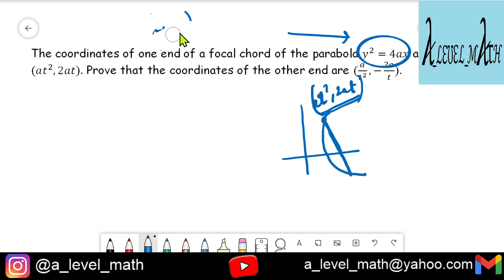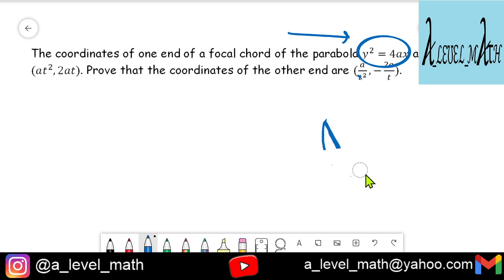So at^2 comma 2at saves us some trouble, in the sense that we know this point is always going to lie on the parabola, so we need not separately put these points in the equation and then use that equation further in our solution. So this saves us a lot of trouble.